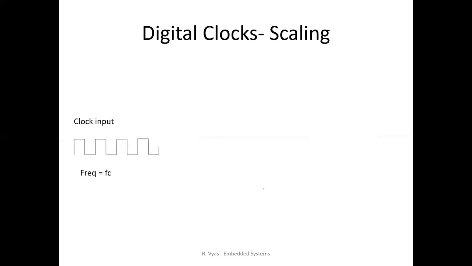You have the option to scale clocks from either of the sources in the previous slide to a higher or a lower clock. For example, this is your clock input, and say it has a frequency FC. FC governs what this time is. So this time is 1 over FC.